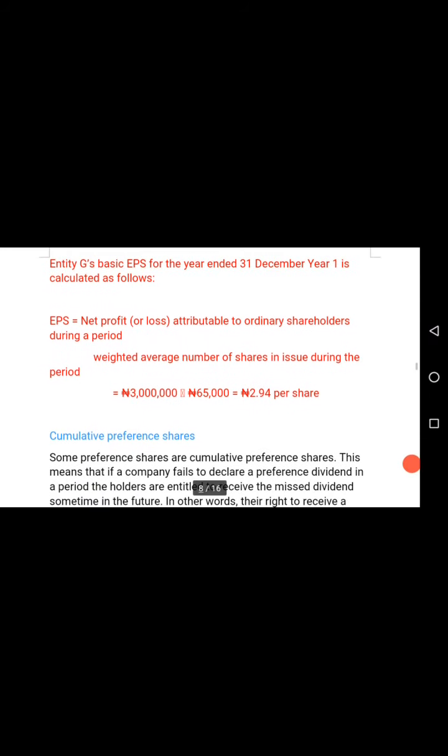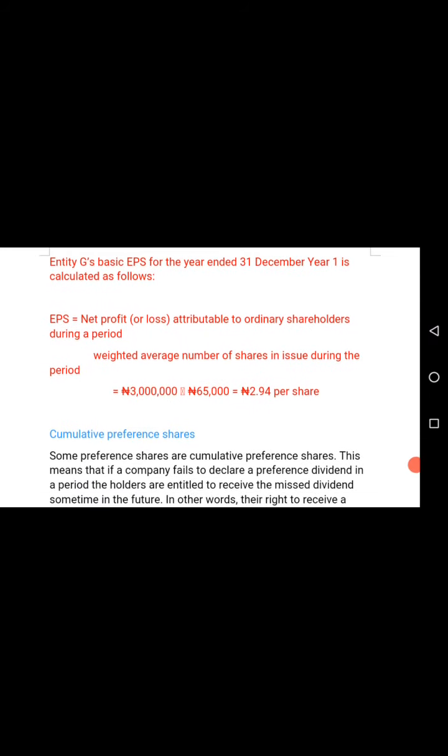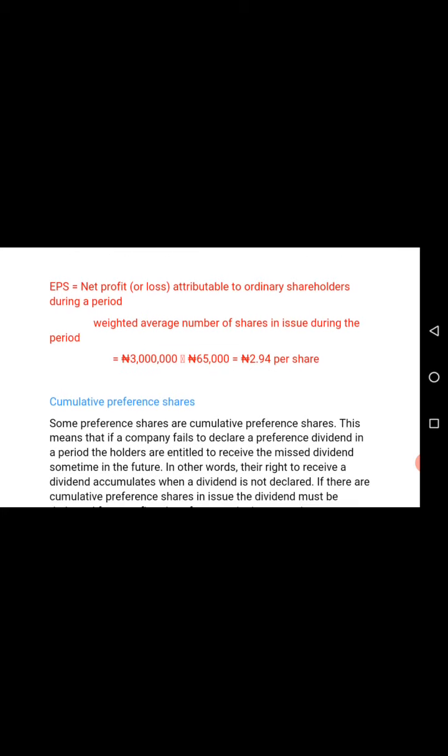Now, cumulative preference shares. Some preference shares are cumulative, and this means that if a company fails to declare a preference dividend in a period, the holders are entitled to receive the missed dividend sometime in the future.